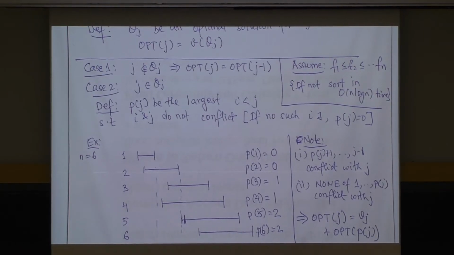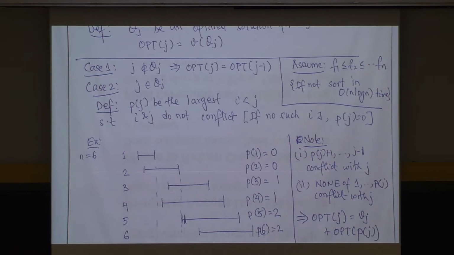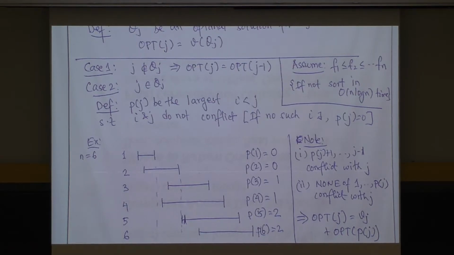And again, the argument for this is similar to the one where we argued that if you drop 5 from the optimal solution, you will get an optimal solution for 1 and 2. So it's the same thing. If you drop j from O of j, you're going to get an optimal solution from 1 to P of j.